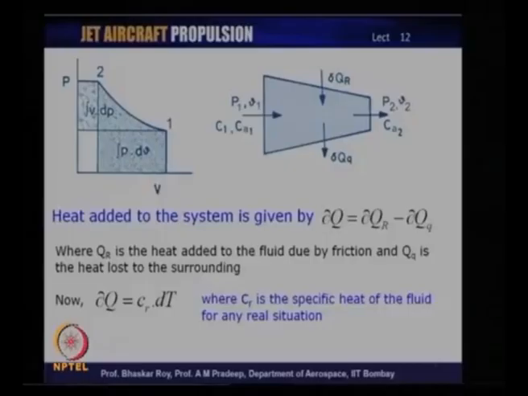transfer to the surroundings. As a result of this, we can write down from thermodynamics that delta Q, the net heat that is added to the system, is C r into dT, where C r is the specific heat of the particular fluid, gas or air, for this particular real situation.